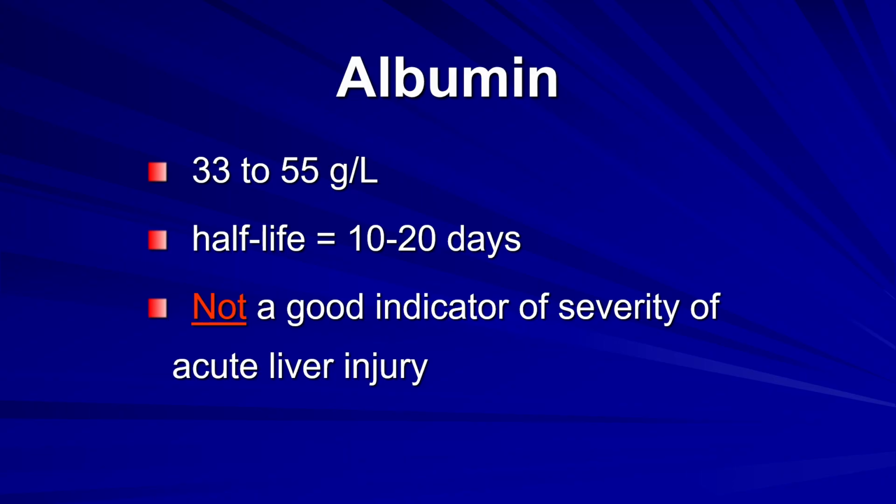As I said, albumin has a long half-life, and therefore serum albumin may be completely normal in somebody with acute severe liver injury. You cannot say that a patient with acute liver disease who has normal serum albumin has mild injury. The injury could be quite severe and serum albumin could be quite normal.